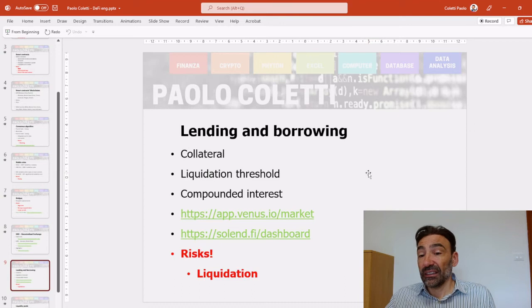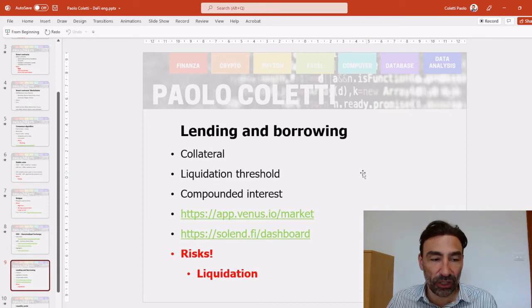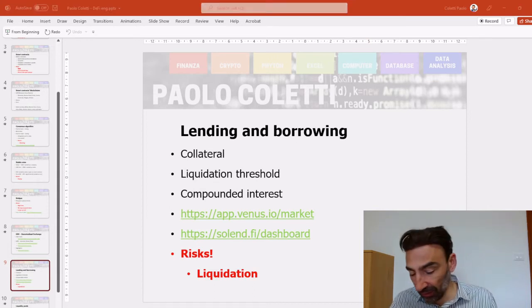Borrowing and lending is another typical activity done on the blockchain, in decentralized finance. It's very important to note that while lending, where you give money to the smart contract, it's exactly the same as what you usually do in a bank. You give them your money and they give you interest.